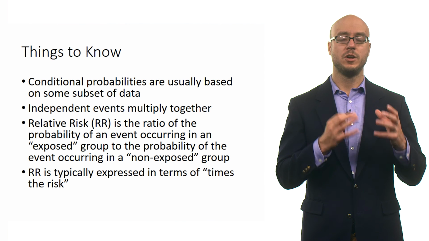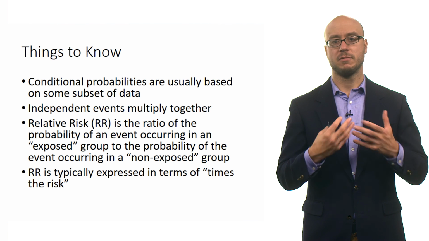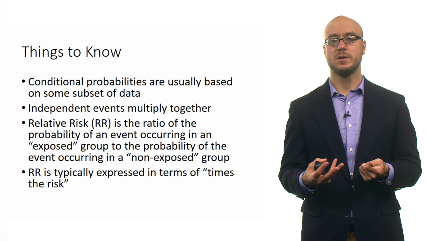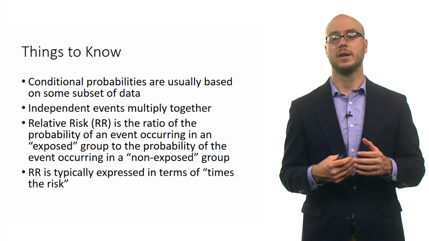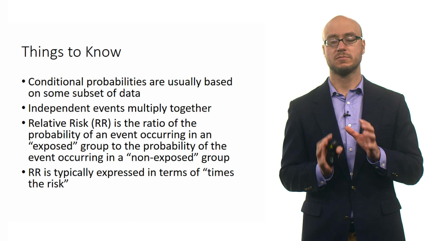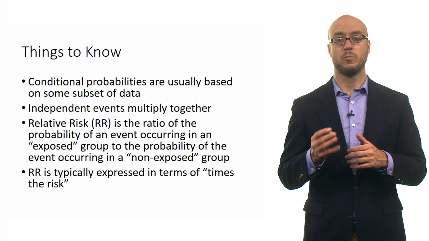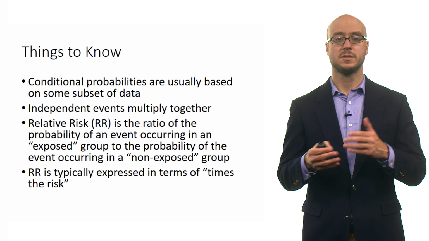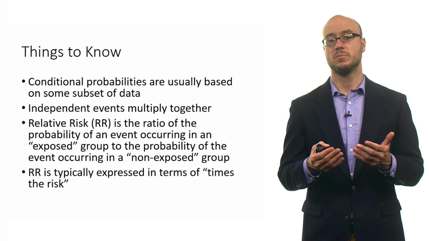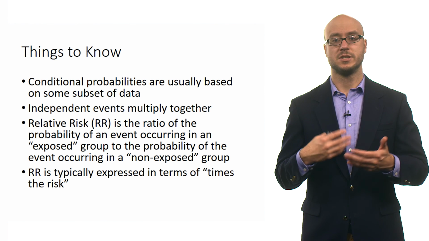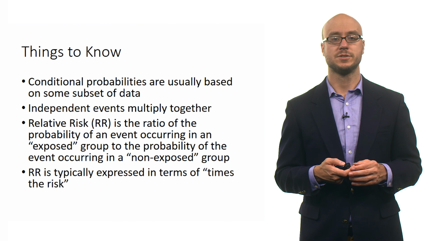We can use what we know about conditional probabilities to calculate relative risk, which is simply the ratio of the probability of some event occurring in an exposed group to the probability of the event occurring in a non-exposed group. A relative risk of 1 means there's no association, but a relative risk greater than 1 or less than 1 shows us something about the association.